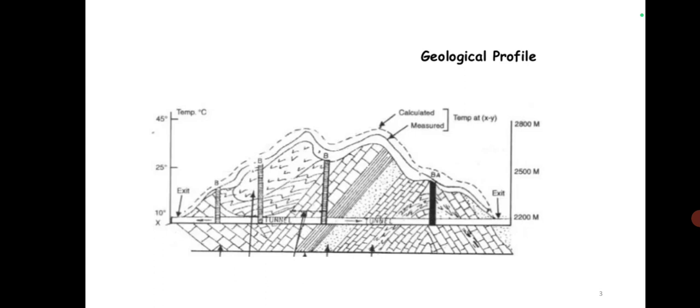The diagram, the profile you obtained, is called the geological profile. This profile provides information about the location of the tunnel, where the boreholes are located, the depth of the boreholes, the type of rock found in different strata, the structure of the rock, hydrological conditions, ground temperature, etc.